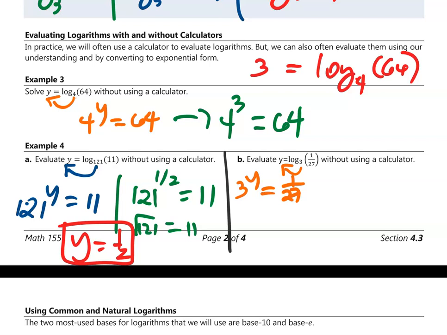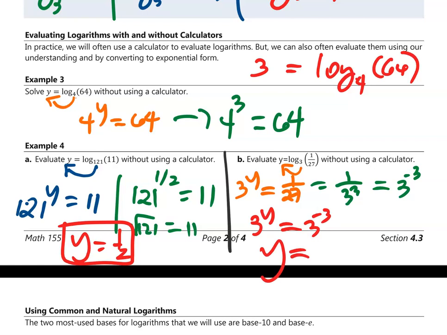And we know that we can rewrite 27 as 3 cubed, because 3 times 3 times 3 is 27. And 1 over 3 cubed is the same as 3 raised to -3. So we can say that 3 raised to y is equal to 3 raised to -3. And now y is equal to -3.